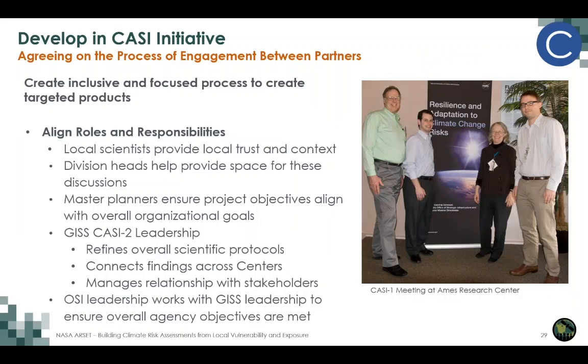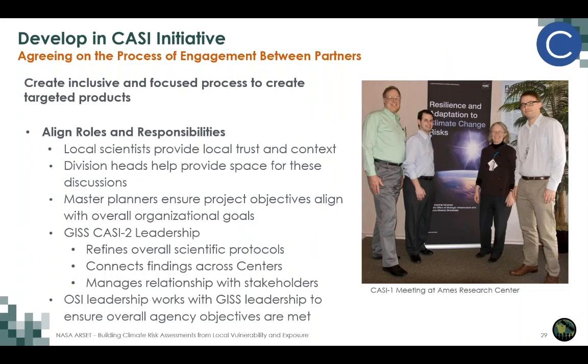The science team members of CASI leverage their expertise to build local trust around the centers and provide valuable contextual insights. Similarly, the division heads help allocate resources. Master planners ensure the project objectives align with the overall organizational goals.